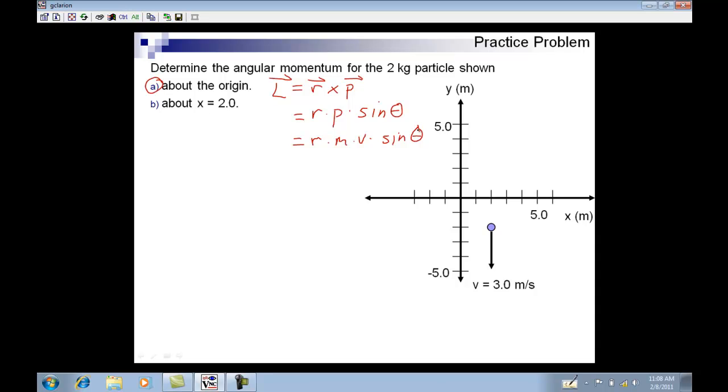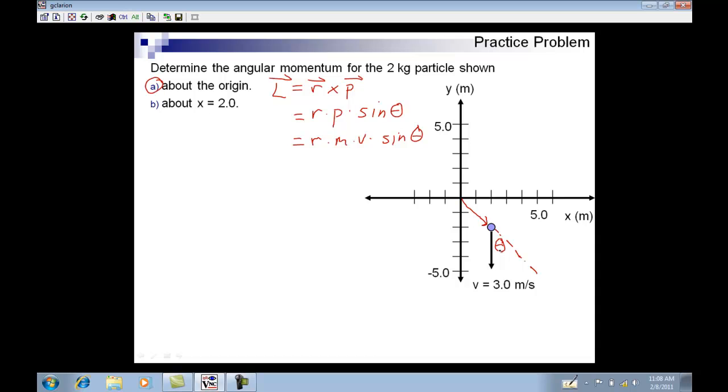As I calculate this out, let me make sure I have my picture here. Here's the velocity of it, it's moving in this direction. My other vector goes out like this, and if I extend it, this is what Justin was asking earlier, what that angle was. This would be the angle theta there.